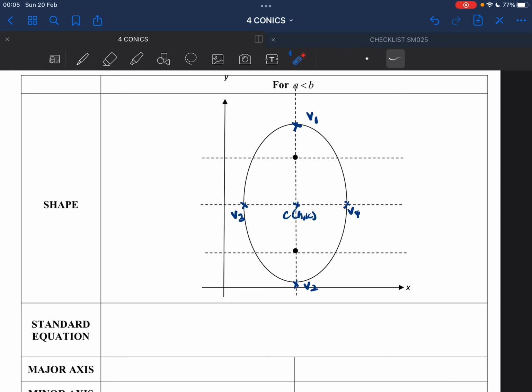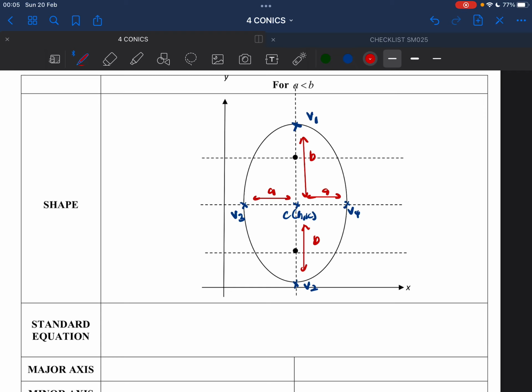The distance between center and vertex horizontal will always be a. The distance between center and vertex vertical will always be b. So here is going to be b.